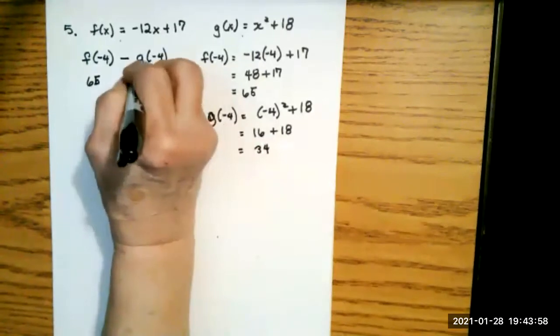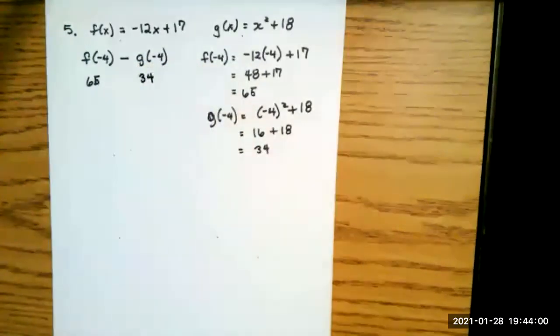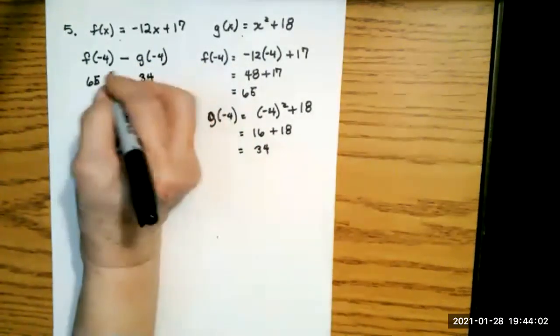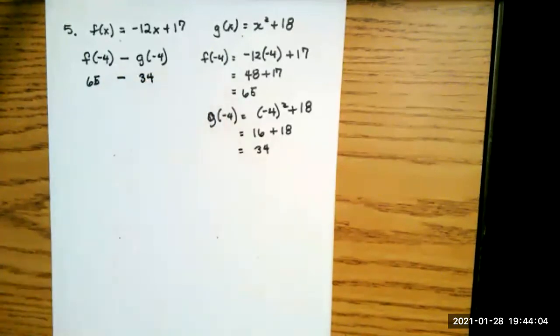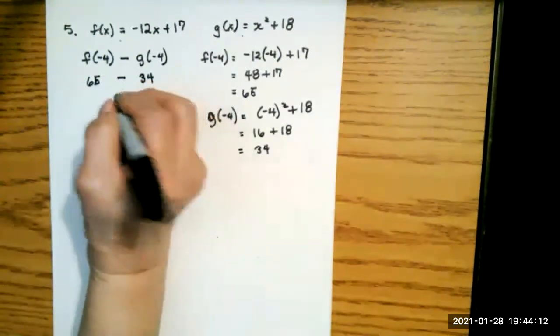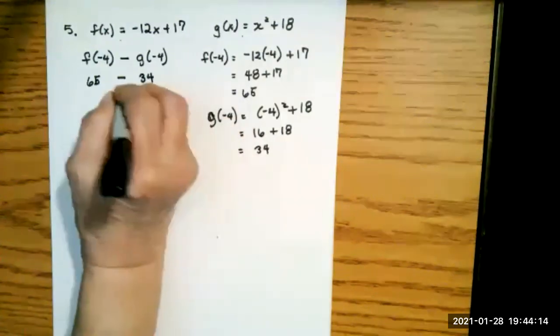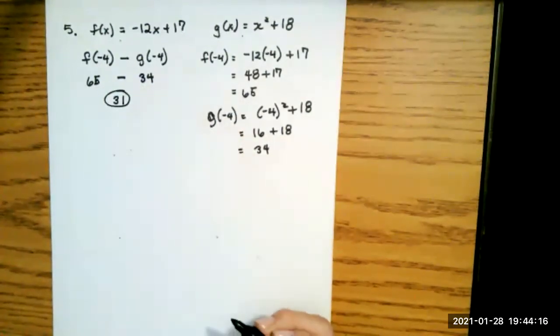So I'm going to put my 34 in here, this g. Now notice this one's not plus, this one's minus. So what I'm doing is subtracting the 65 and 34. And I think that is 31. So there's my answer.